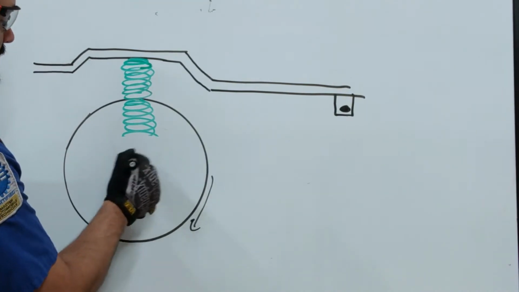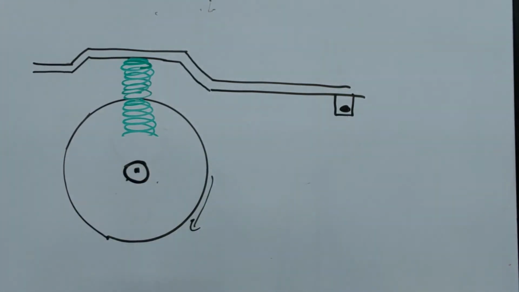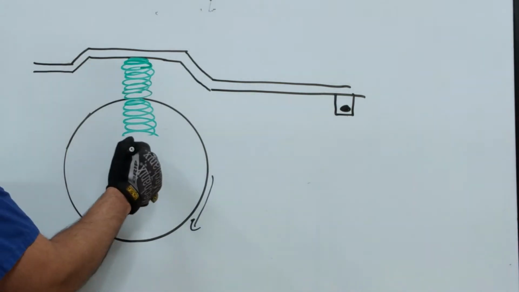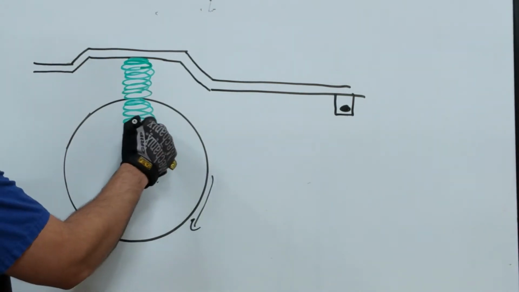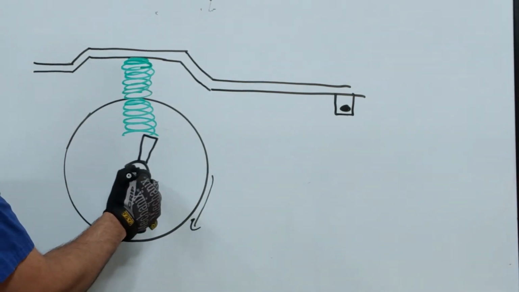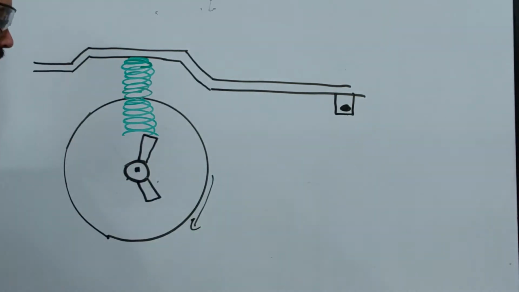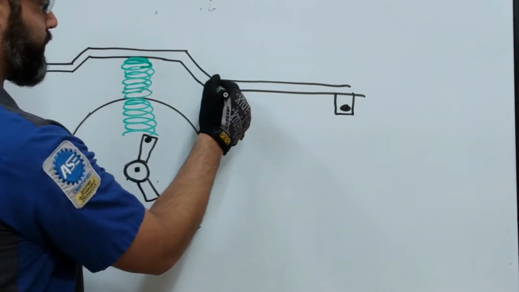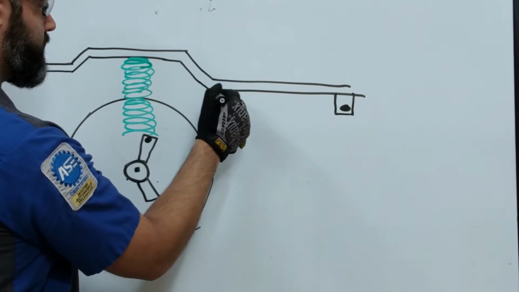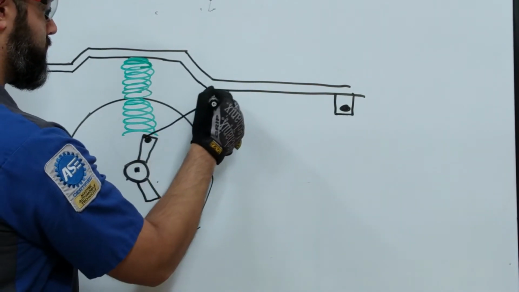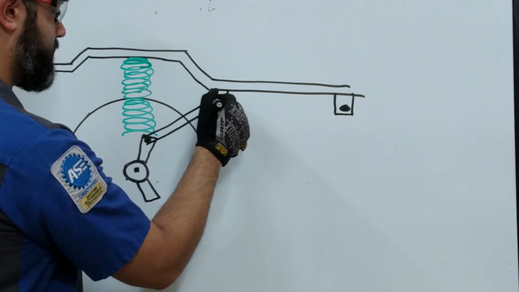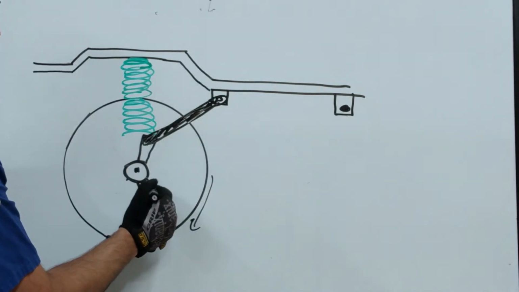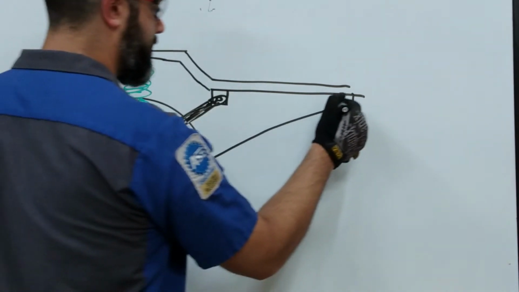This right here is our axle housing. Off of that housing, we're going to have a bracket coming up and a bracket coming down. Connected to the upper one, we're going to have a radius arm coming up here, and off of the lower one, we're going to have a radius rod coming up to here.